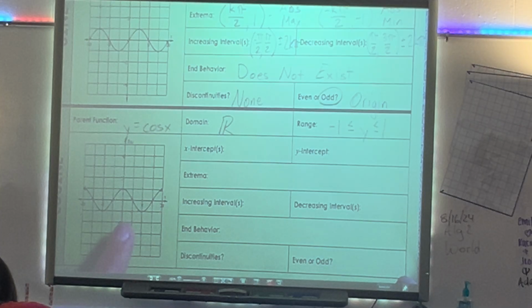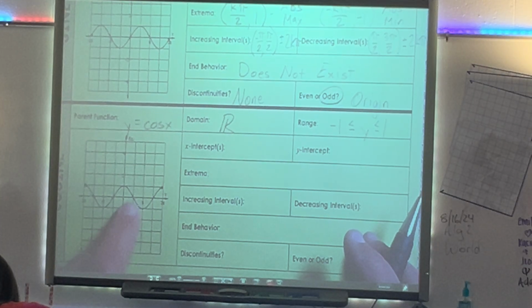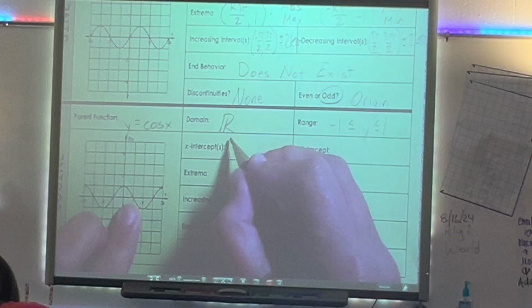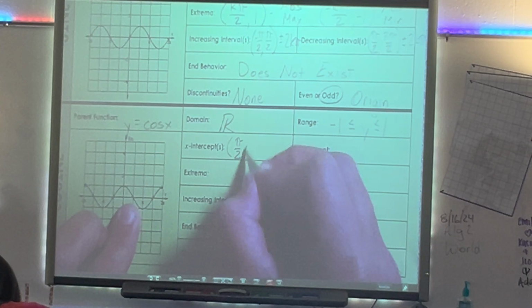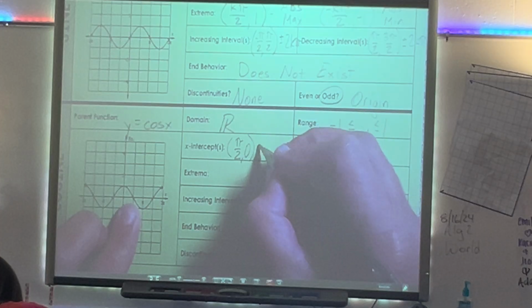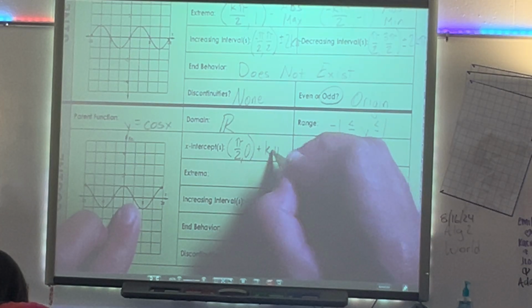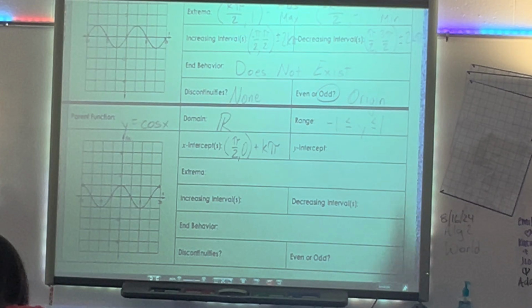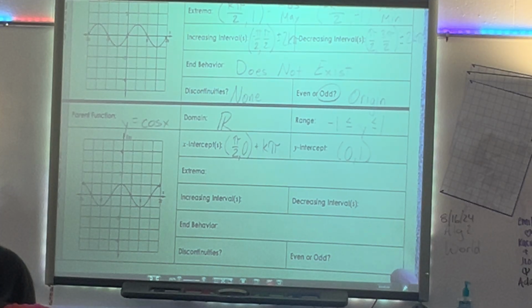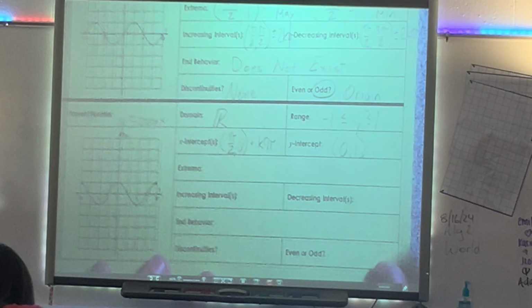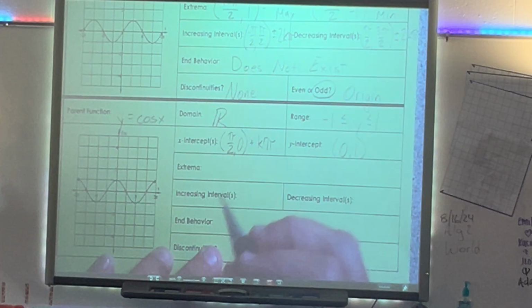The first one is at pi/2 right here. So it's going to be at pi/2 and 0 plus every k pi. Your y-intercept is at 0, 1.